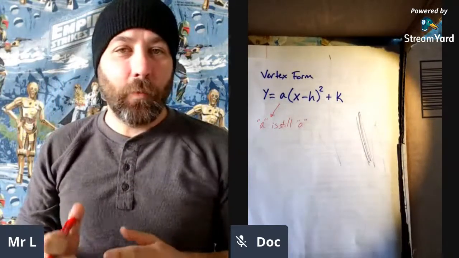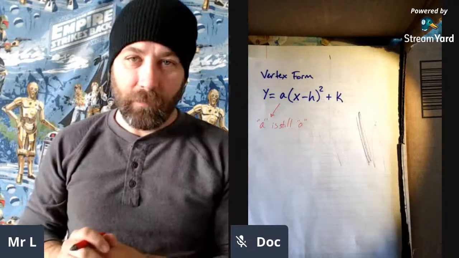You'll notice that A is being used in this equation, and it is still A. Everything that we used A for in standard form can also be derived using A in vertex form.